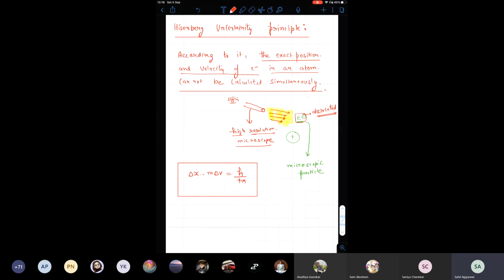If we try to locate it with a microscope, we will be providing energy to the electron, and it will get dislocated. If we do not use this microscope, we won't be able to find out where the electron is kept. So there will always be some error. This is called error in position, delta x.